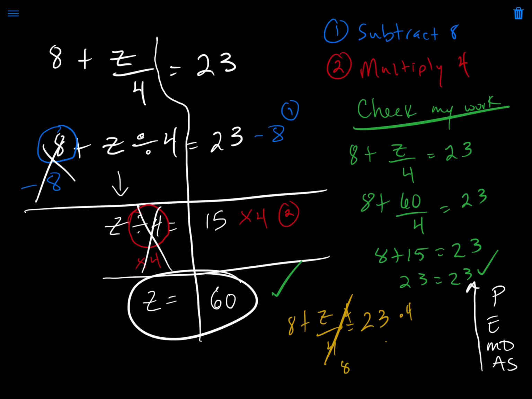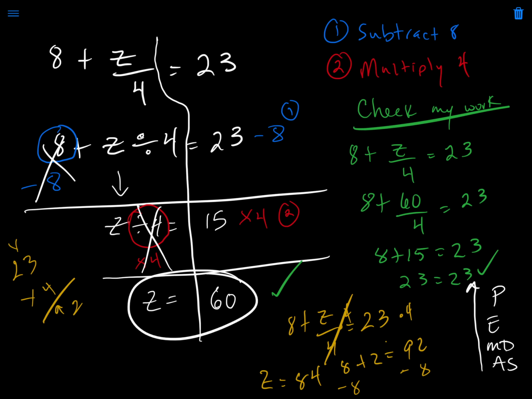It'll be 8 plus Z is equal to 23 times 4. I'm running out of space here, so forgive me. It's 92, right? And I subtract 8 from both sides, so that means that Z would have been equal to 84.